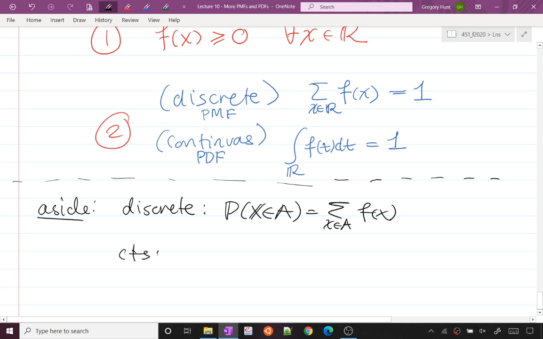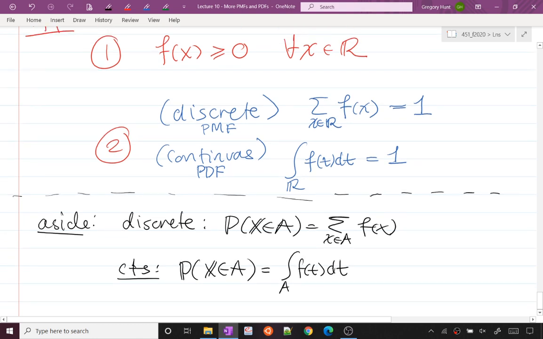And for continuous random variables, if I want the probability that my random variable ends up in this set, what I do is I integrate my PDF over that set. Right? So the PMF and the PDF show up as sums or integrals to calculate probabilities. We calculate probabilities by either summing or integrating the PMF or PDF.